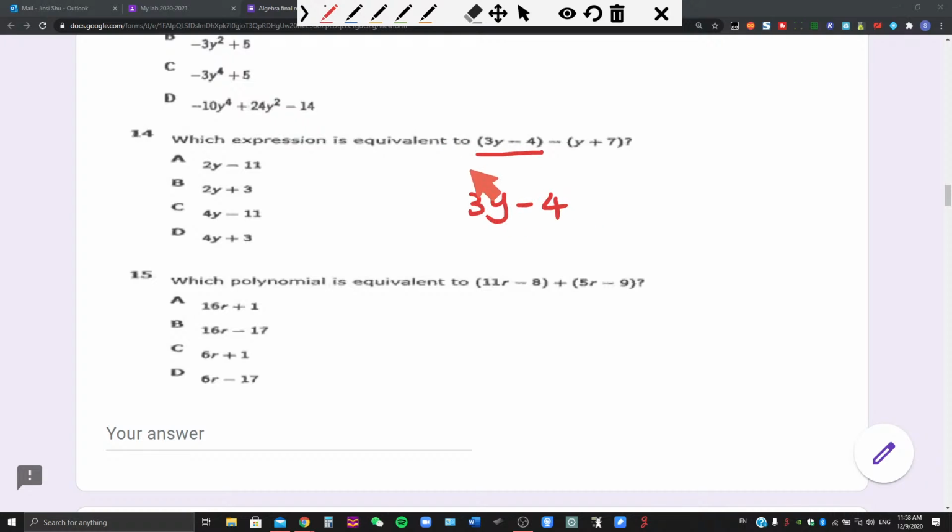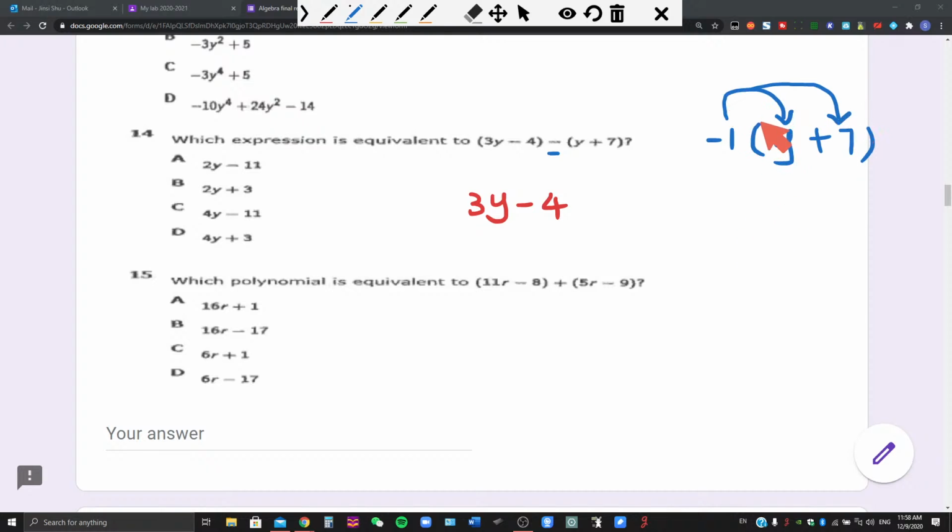Just take away the parentheses. And this one, it has a negative sign. So this is more like negative 1 multiplied by the parentheses. And that means we need to use the negative 1 multiplied by each term in order to unpack.